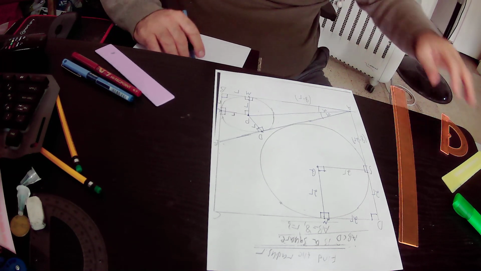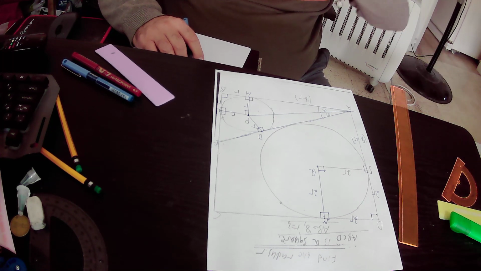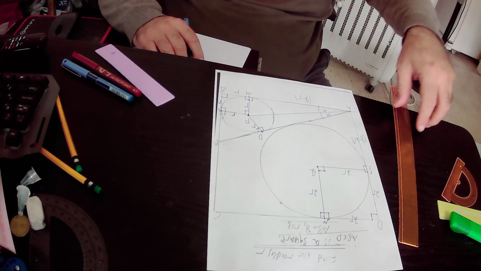In the next step we will do a construction. We will join together points A and Q by a straight line.